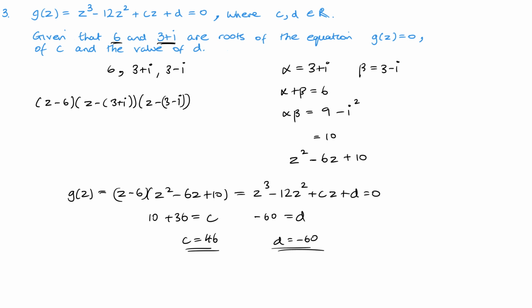So doing it visually by comparing coefficients is far quicker and easier than doing the expansion, but both are valid. You know, if you're unsure, expand it. Safest option, yeah? But what you really want to do is get a bit of confidence in this, because, and I say this on a lot of my videos, time is your biggest enemy in the exam, and any minutes you can save, seconds even, on these types of questions just gives you that little bit of time for some of the more challenging questions towards the end of the paper.